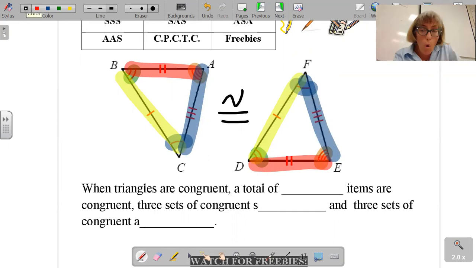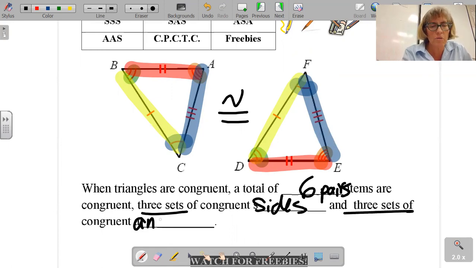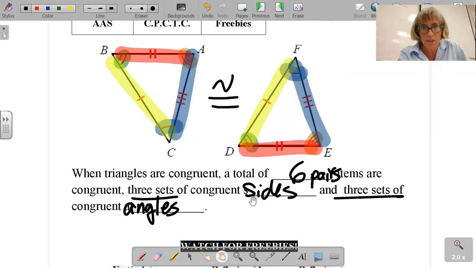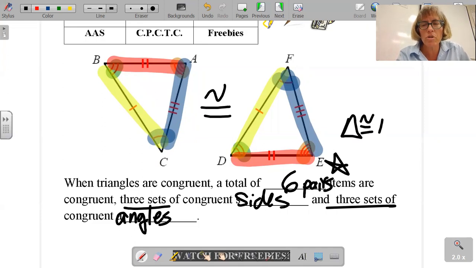So if I tell you the whole triangles are equal, there's a total of 6 pairs of items which are congruent. 3 sets of congruent sides, 3 sets of congruent angles. Keep in mind, total of 6. Total of 6 pairs of things equal if triangles are congruent.